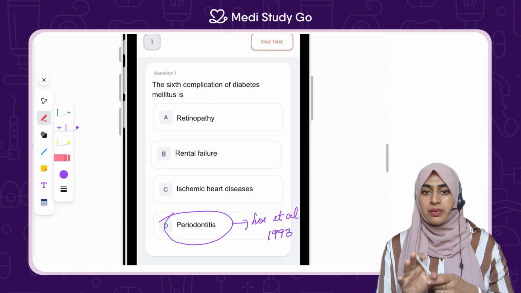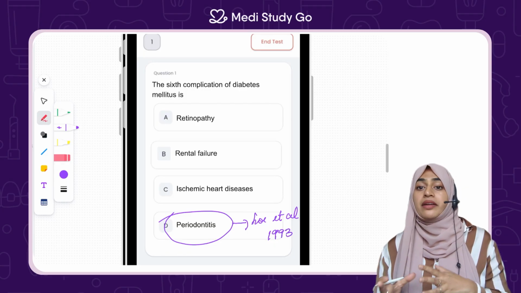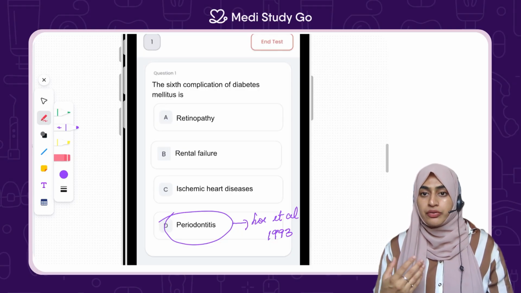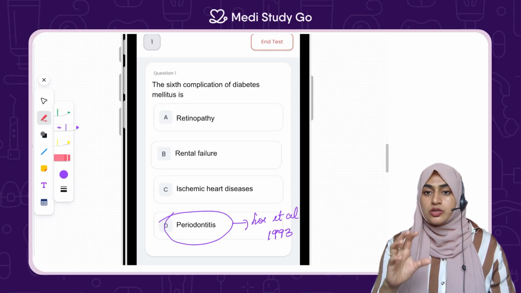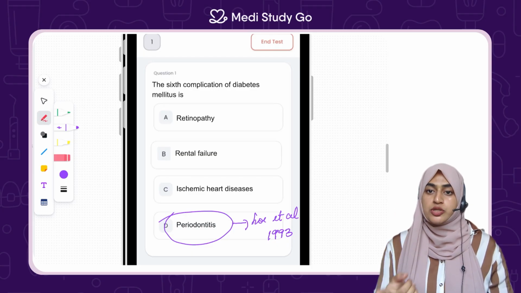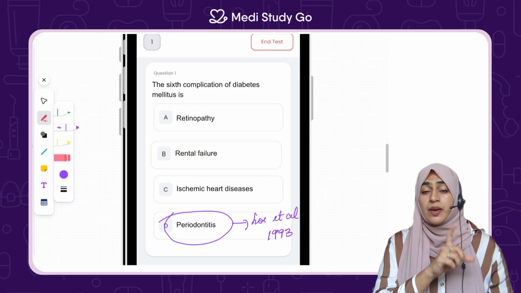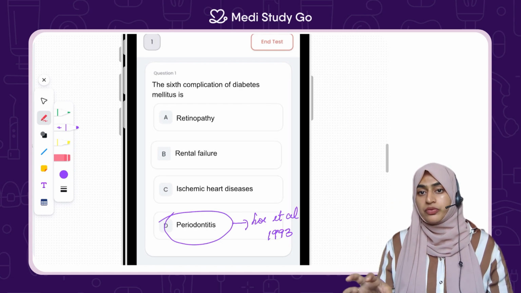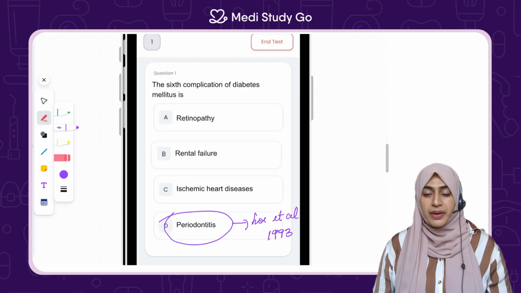It's a very interesting paper. If you ever feel like reading, you can go back and read why it is called the sixth complication of diabetes. We have discussed this in detail. If you have any more doubts, you can go back to the previous part of the video, part 1, where I have spoken about the biological mechanism of how diabetes affects periodontitis.